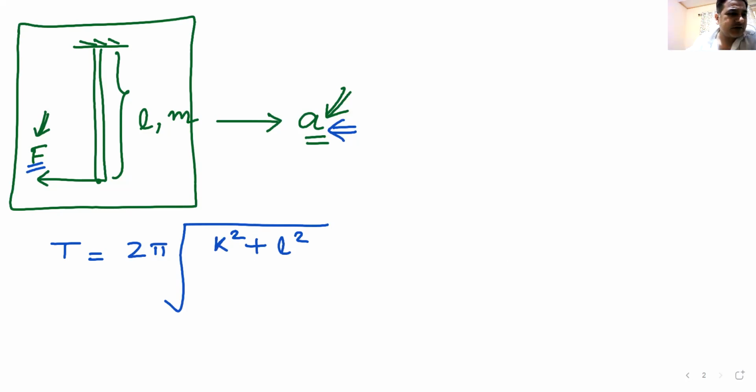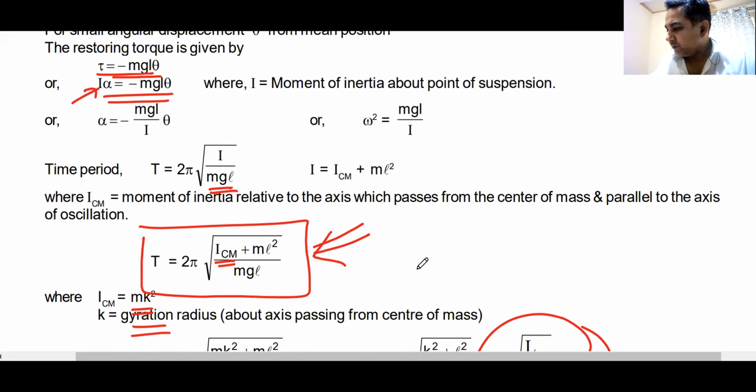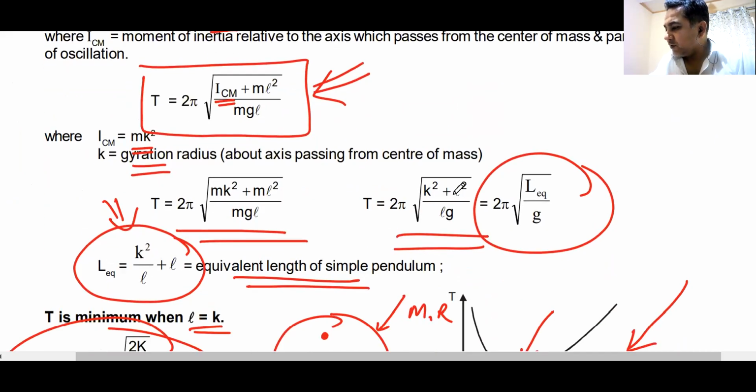How did I get this? Do we remember this? Here. This one here. k square plus L square divided by L g.